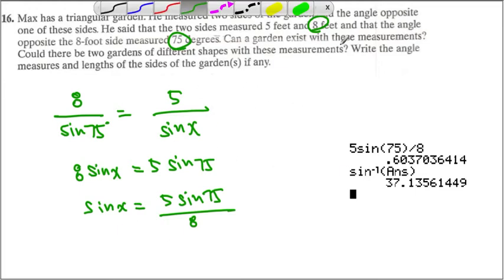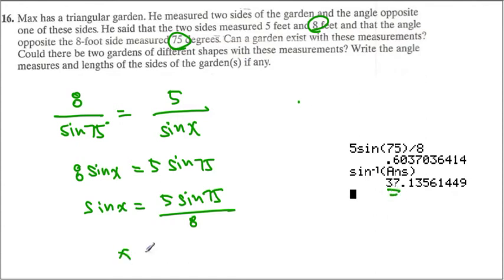I guess I'm trying to look for, they didn't say anything about the measure of the angle, or how we have to approximate it. So why don't we just call that 37 degrees?